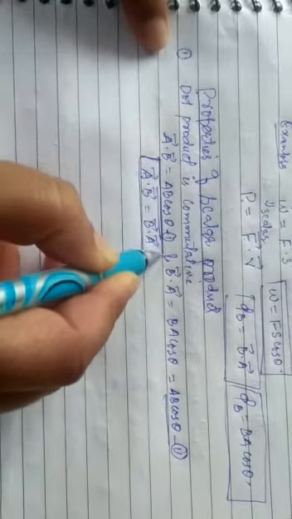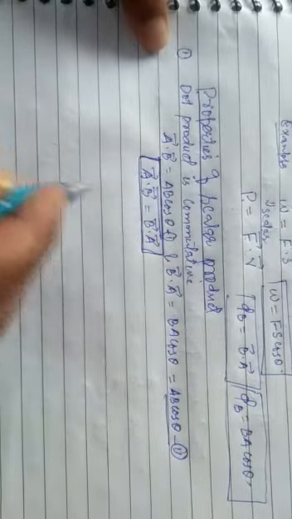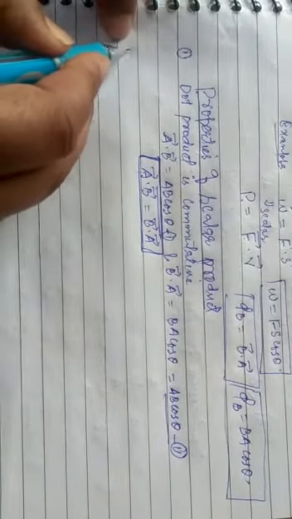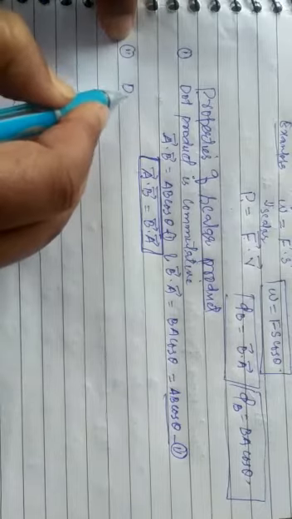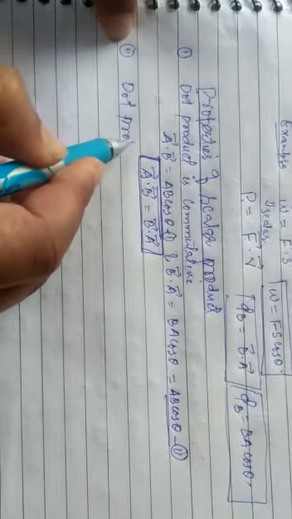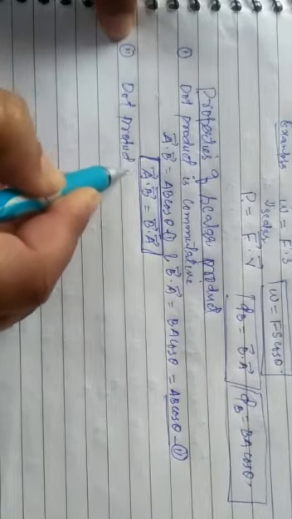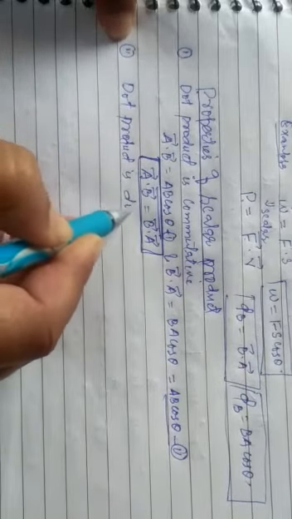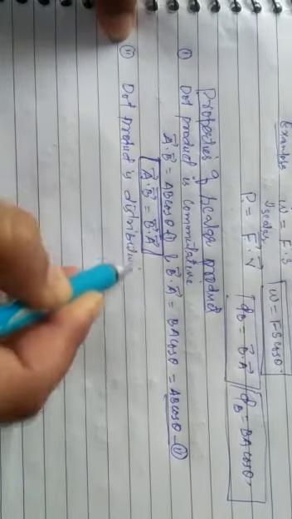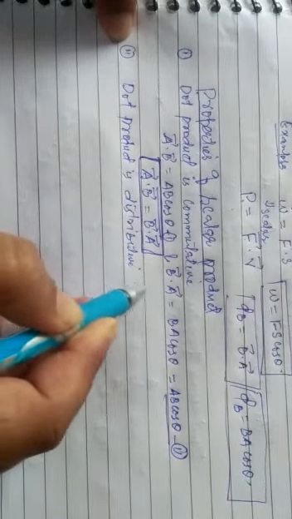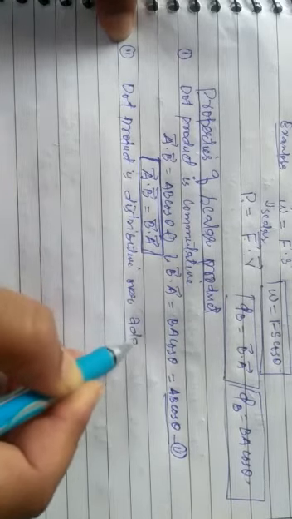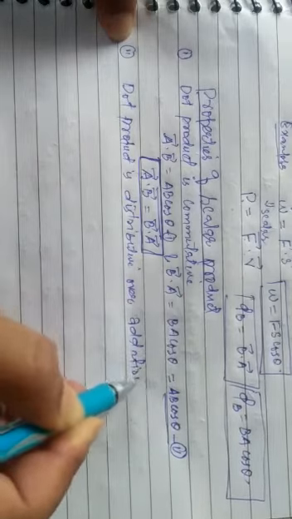This is the commutative nature of the dot product. It has another property: the dot product, or scalar product, is distributive over addition. What is that?